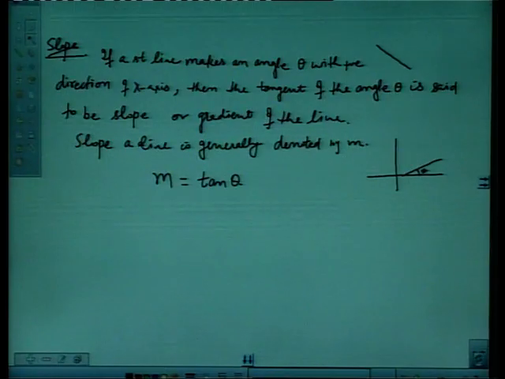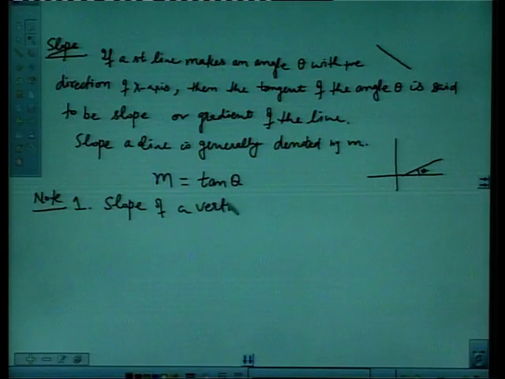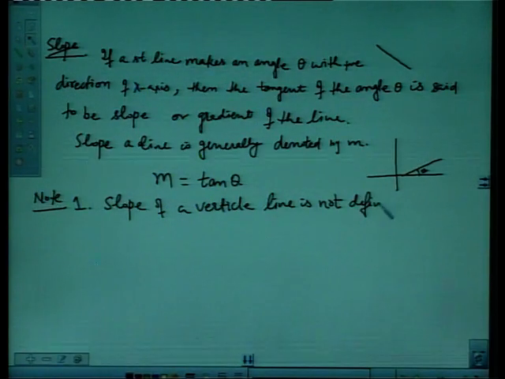Now some important notes. Number 1, slope of a vertical line is not defined.